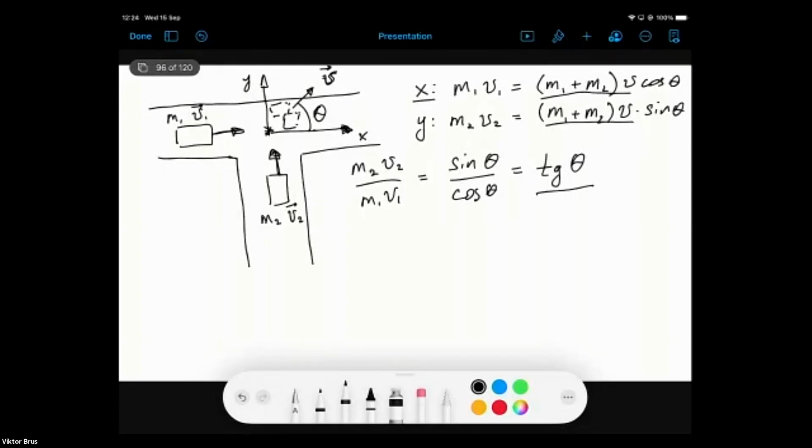Also, another relevant parameter is the velocity v, which we can get from these equations.